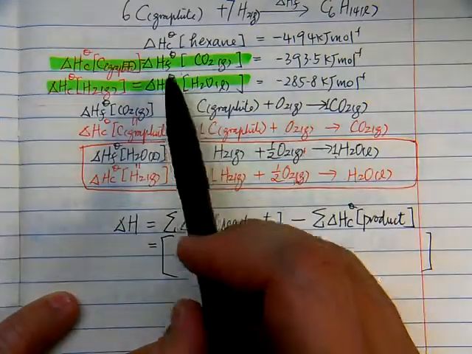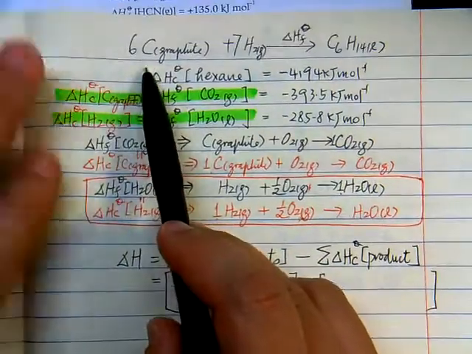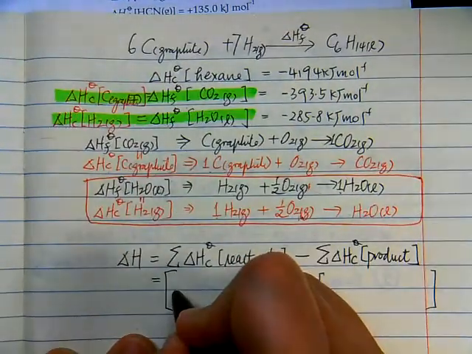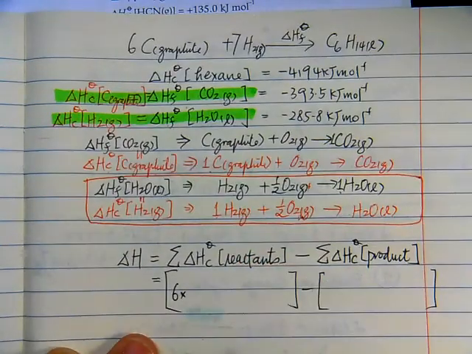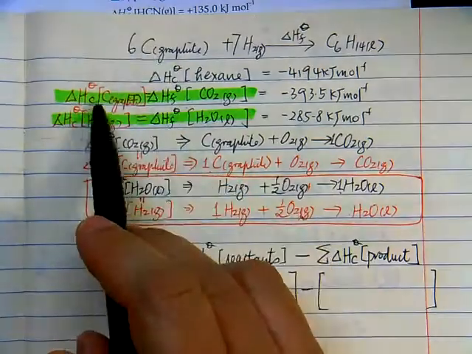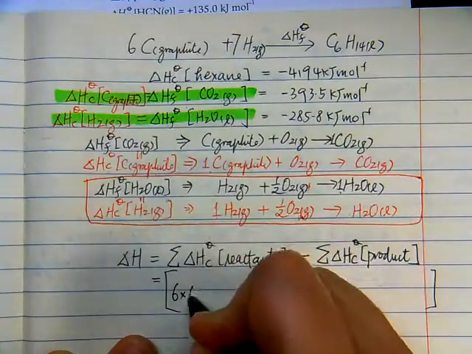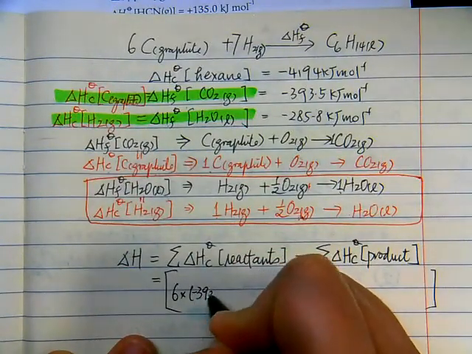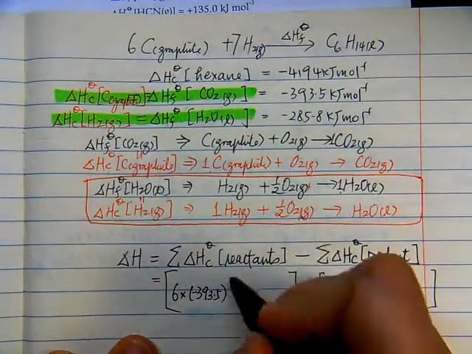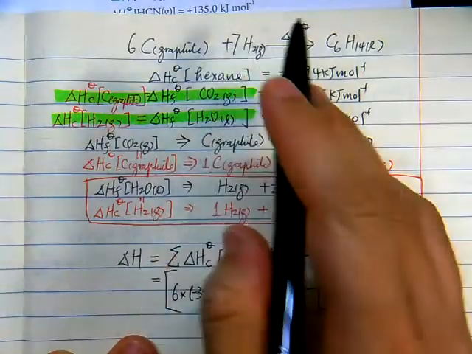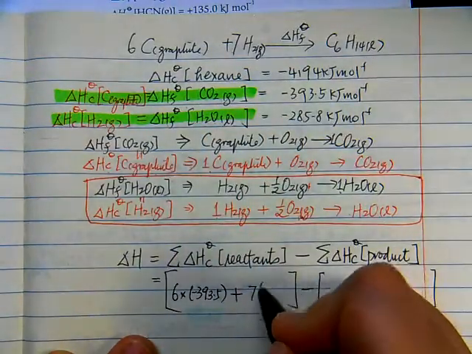First of all, look at the reactants. We have 6 moles of graphite. So 6 times, for each mole it is negative 393.5. Now we have 6 mole. Plus we have 7 mole of hydrogen.